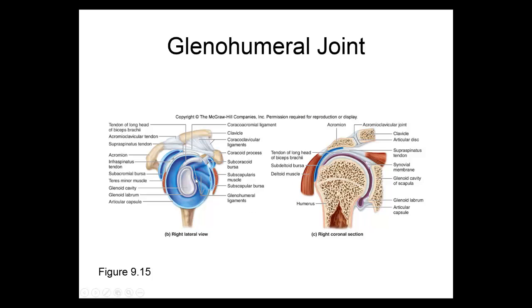Okay, so if you remember, I told you that the glenoid surface is fairly small, and to increase it, you add a little bit more, and you can see here the glenoid labrum, right? And you see here it adds a little bit to the depth of your glenoid cavity.